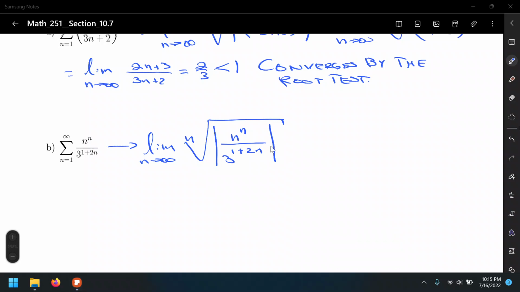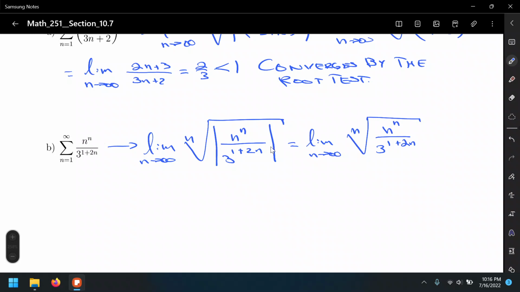Number 1, we may get rid of those absolute value bars because we don't have any alternating factors right here. So that's the nth root of n to the n over 3 to the 1 plus 2n. And we may use laws of radicals over here.